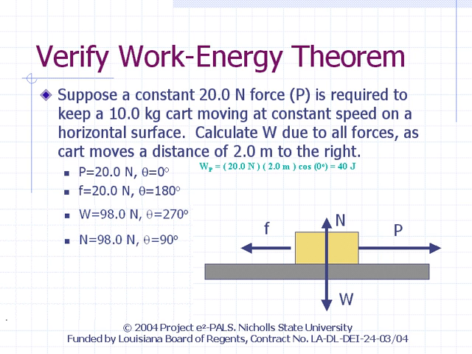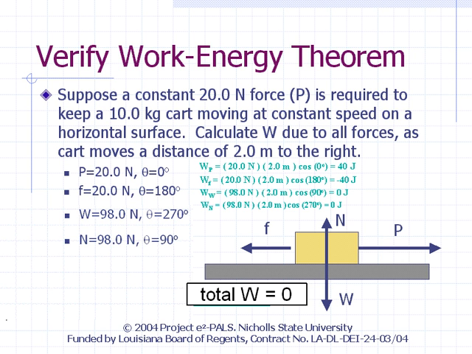The work due to P is 40 joules. The work due to F is negative 40 joules. The work due to W and N is 0, since these vectors are perpendicular to the displacement vector. Their components along the displacement vector is 0. Cosine of 90 degrees is 0. Thus, the total work is 0.